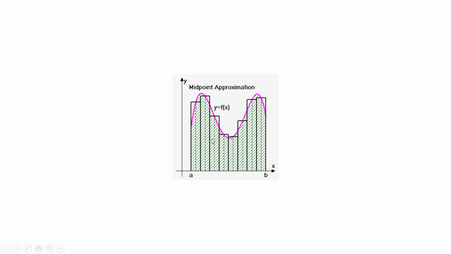Now here is the figure which shows different types of sum in one frame. You can see this is the left sum because the height is chosen at the left point. This is the midpoint sum because the height of the rectangle is chosen at the midpoint of the interval. This is called the right sum because the height of the rectangle is chosen at the right endpoint of the interval.